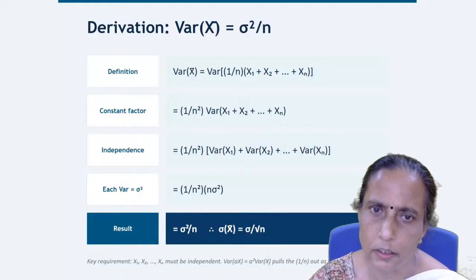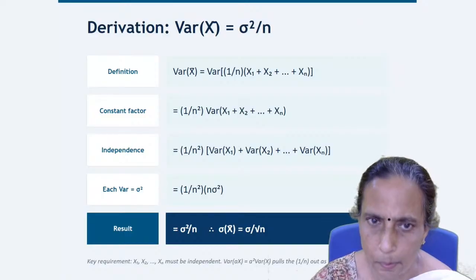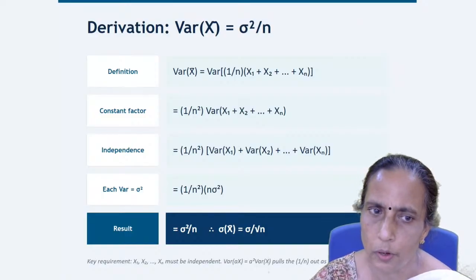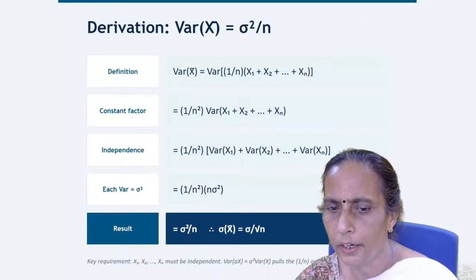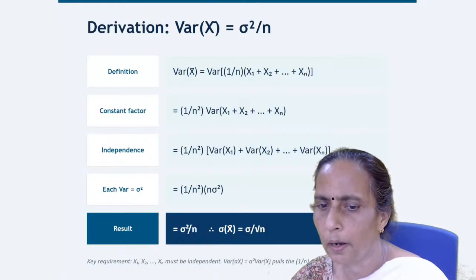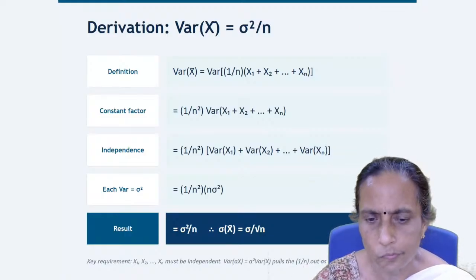Similarly, the variance of x is sigma square, and the variance of x bar, the sample mean, is equal to sigma square by n. In the same light, we have derived that the standard error is equal to sigma by square root of n. These are the simple steps.